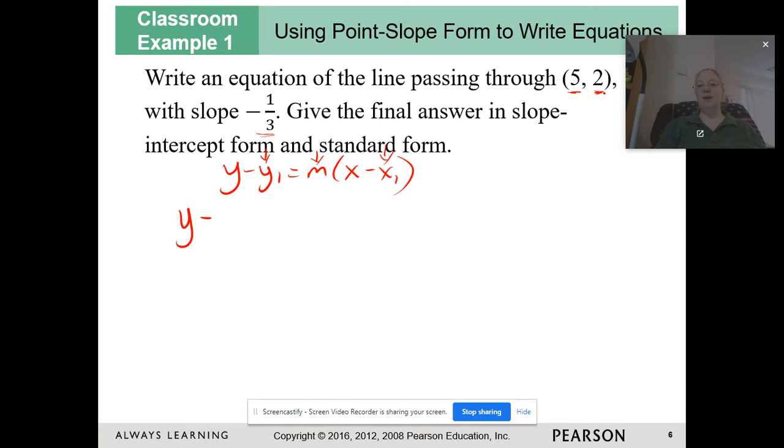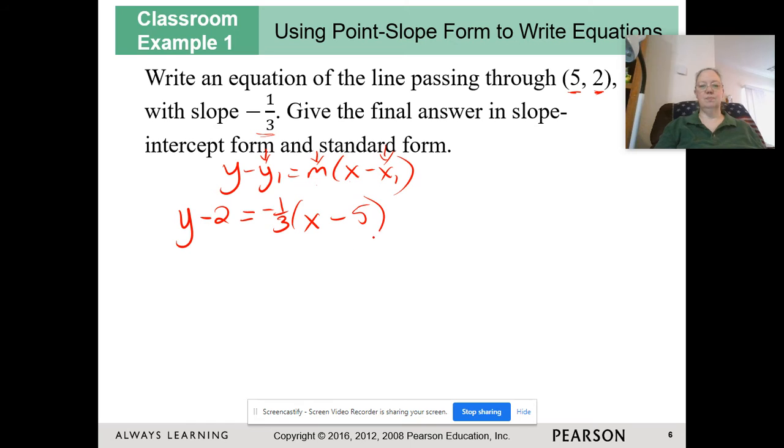So our y value is 2. Our m is negative 1/3. And our x value is 5. Okay, so y minus 2, distribute. We never, ever leave our answer in this form.